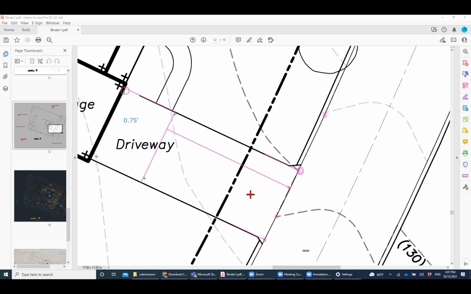Mark it right there. And then this one you could mark either on the driveway or on the road. Either way would be fine because they're both kind of pavements. Either way is fine, but make them consistent.